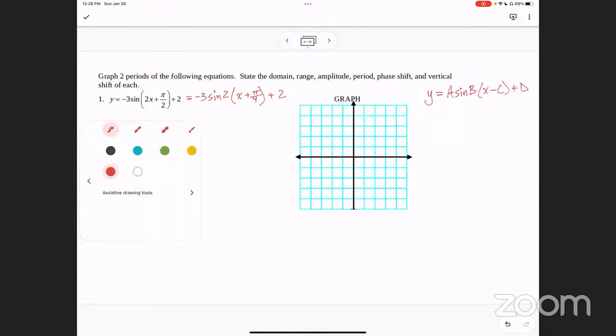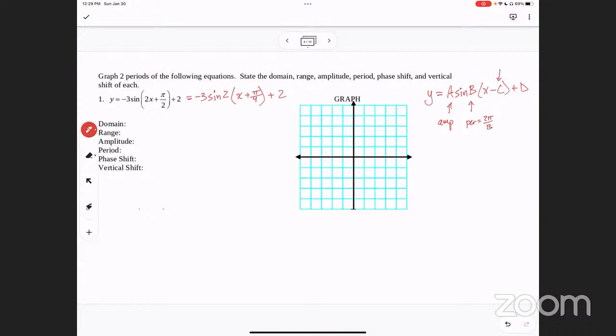This is your amplitude. This is your period, equals 2 pi over that. This is your phase shift. And this is your vertical shift. So I can see everything that I need to see right here.